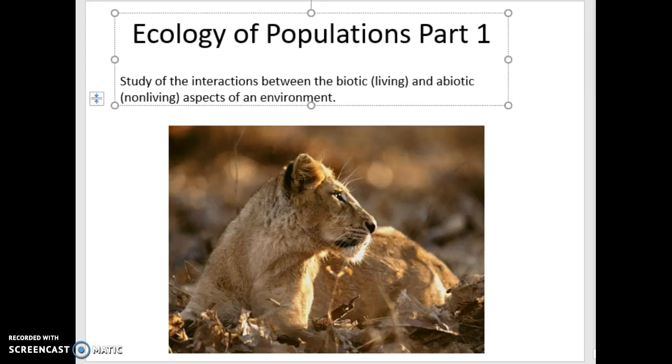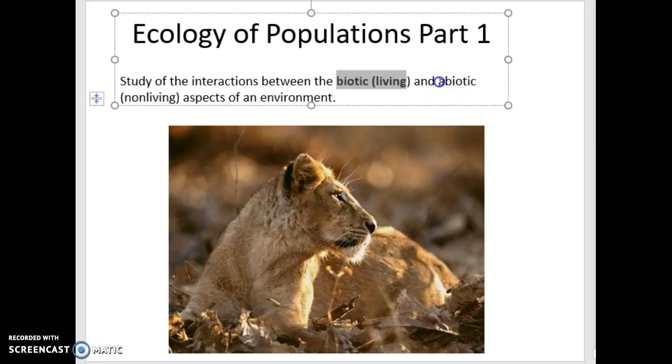So what we have to keep in mind with ecology is we're looking at how all the living things interact with each other, predator-prey relationships, things like that.